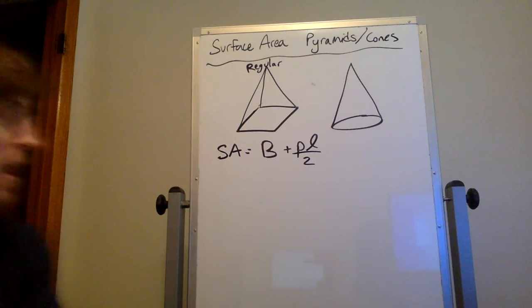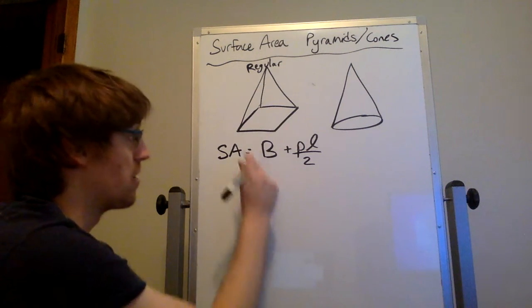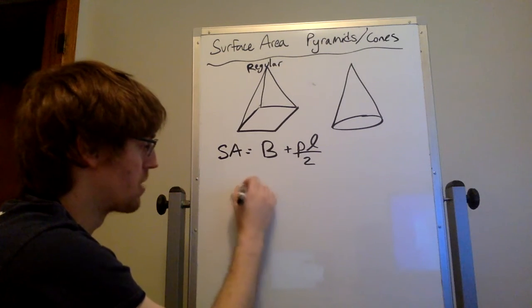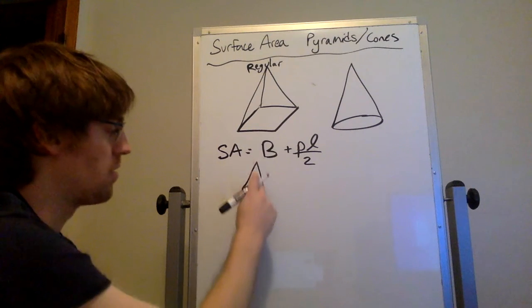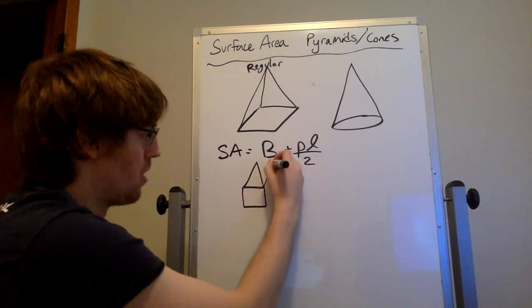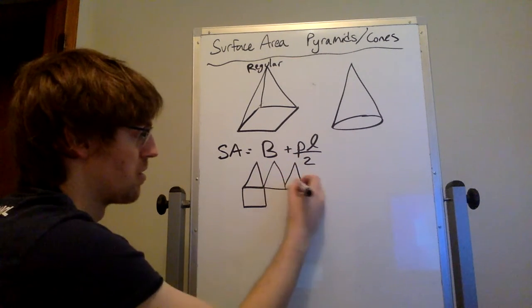Okay? And if you think about it, it's because we can take this shape, we can draw a quick net. There's going to be a square, and there's going to be a triangle here. And I would normally draw them like this, but just to illustrate the point, the other 4 triangles would work like this.